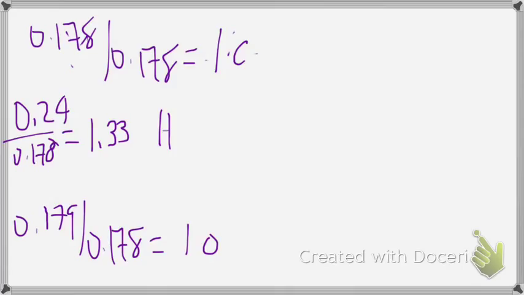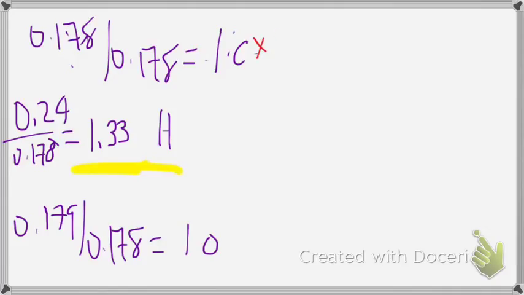The problem here really has to do with this 1.33. So how can we make 1.33 essentially a whole number? Well, 0.33 is approximately 1/3. So we need to multiply everything by 3.